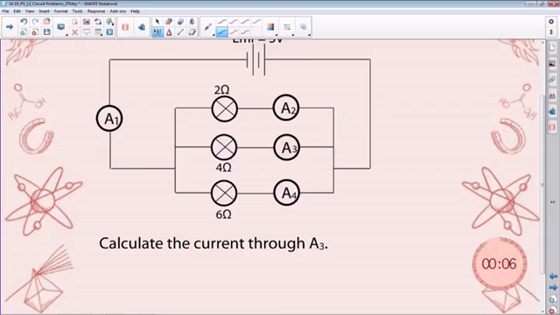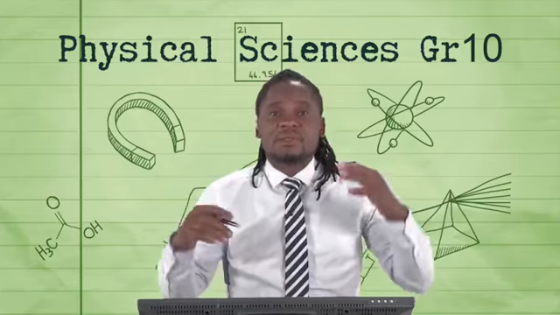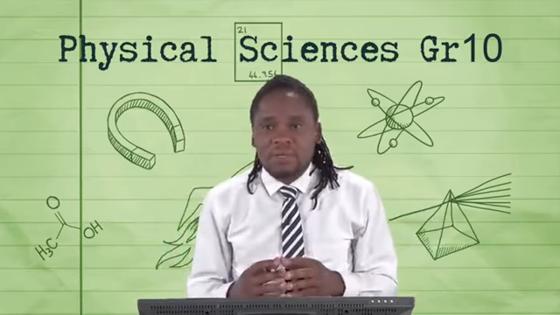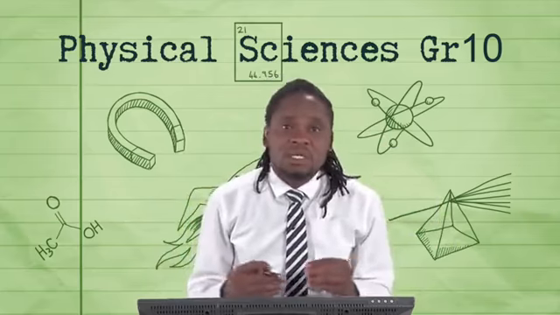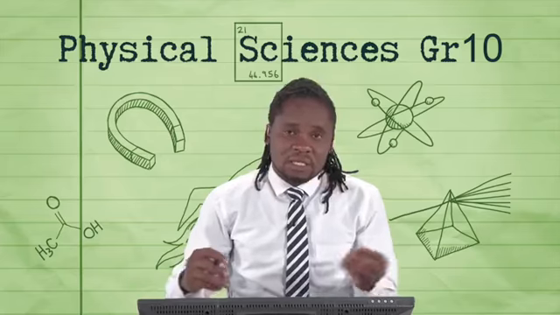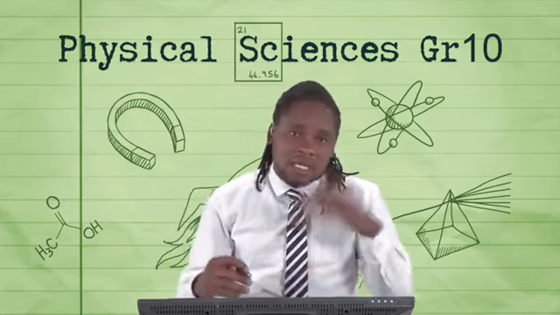All right, guys, hopefully we've made an attempt on the problem. In this case, we wanted to put more emphasis on the current that is divided, because this is practically your parallel circuit, because V remains constant and current is divided proportionally. The higher the resistance, the lesser the current. The lower the resistance, the higher the current.